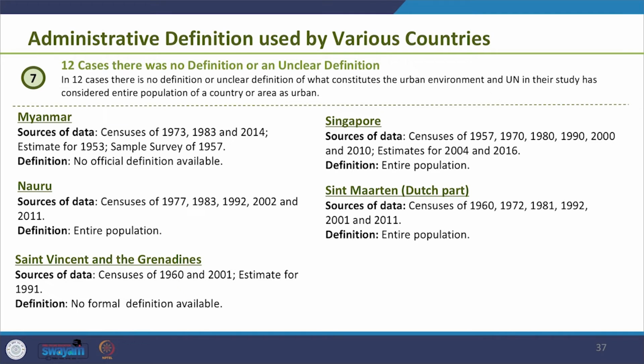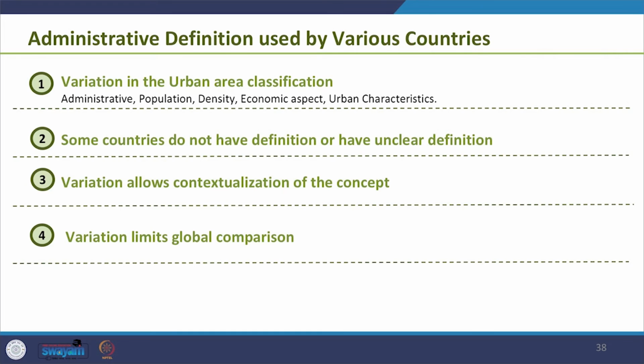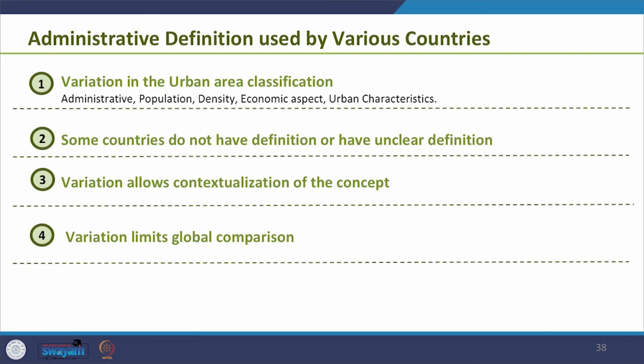Likewise, St. Vincent and Grenadines, and even Singapore and Saint Martin. So, all of these either do not have a definition or have an unclear definition of how urban areas are defined. Just to summarize this segment, we see that there is variation in urban area classification.